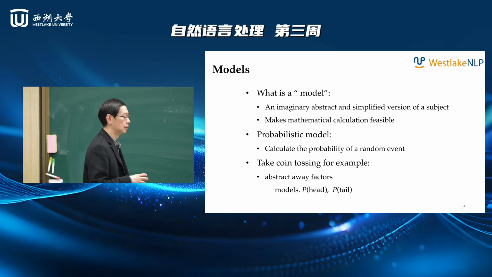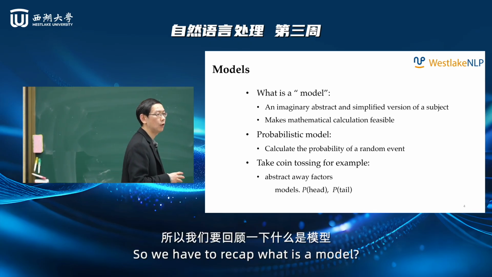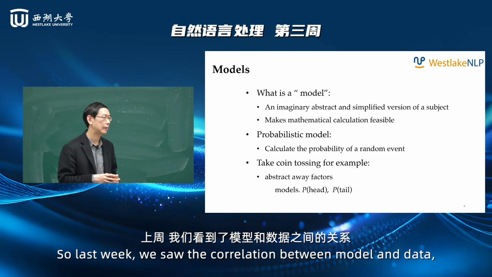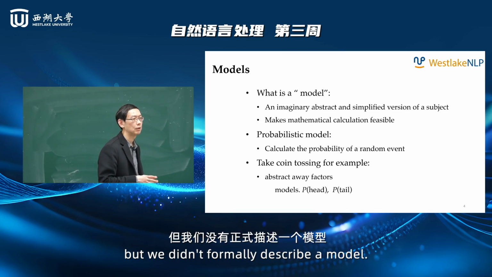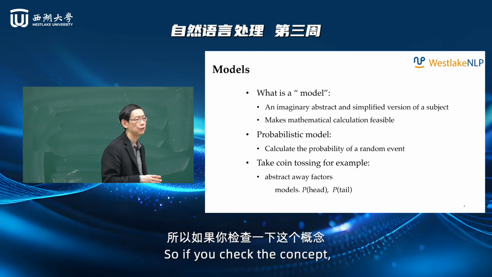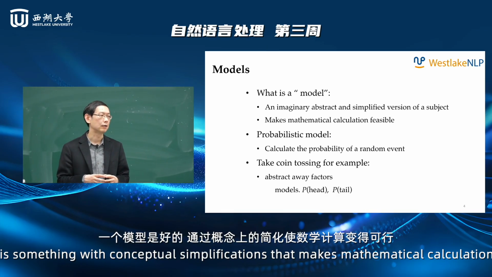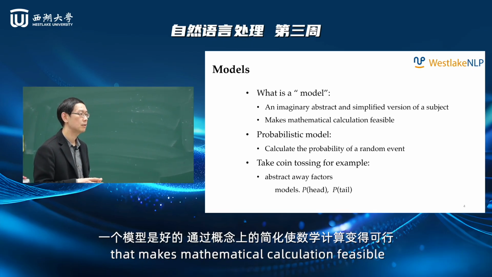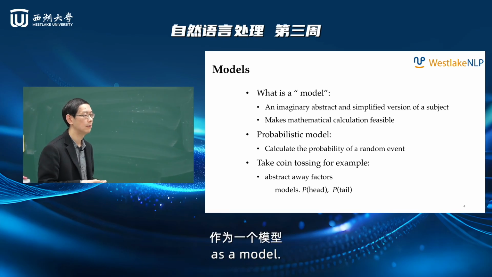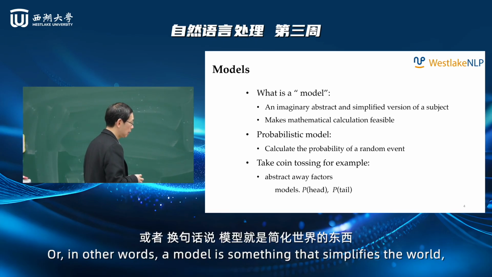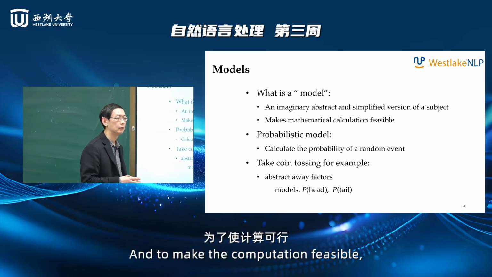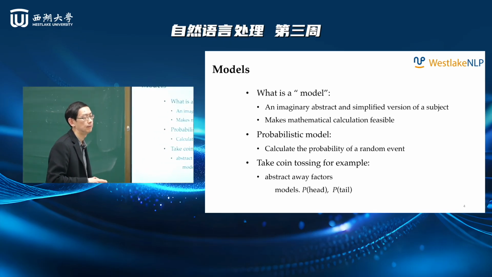We're building models. So we have to recap, what is a model? So last week we saw the correlation between model and data, but we didn't formally describe a model. Okay, so if you check the concept, a model is something, okay, with conceptual simplifications that makes mathematical calculation feasible. That's a model. Or, in other words, a model is something that simplifies the world, okay, and to make the computation feasible.